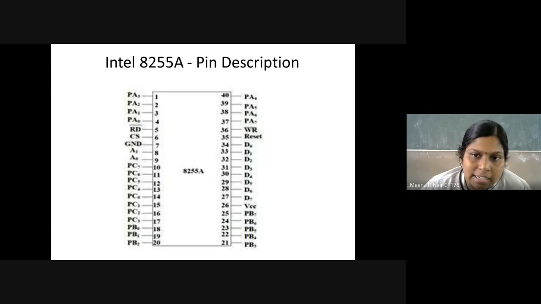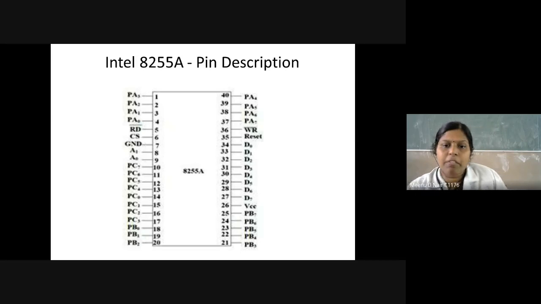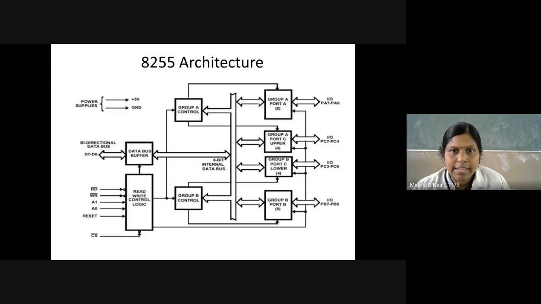There is no need to switch on and off. You can directly give a potential to the reset pin. Then it means that you are resetting your 8255 IC. That is reset. So I hope all the pins available in the 8255 are clear. We will see all those things in detail in the next slides.